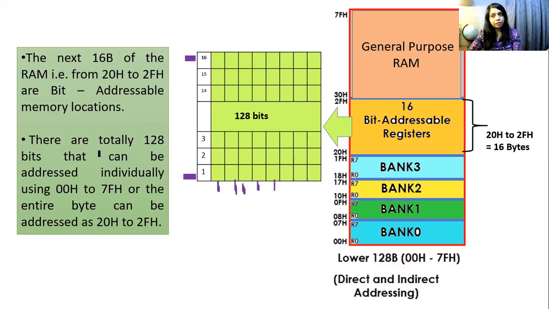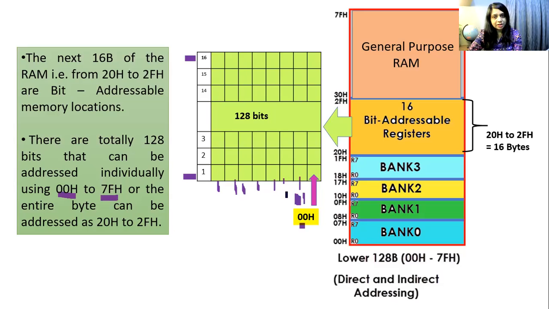There are a total of 128 bits that can be addressed individually using 00 to 7F. So their addresses will also vary from 00 to 7F because there are 128 bits. That means the first bit of the first register will have address 00. The second bit of the first register will have address 01, like this.